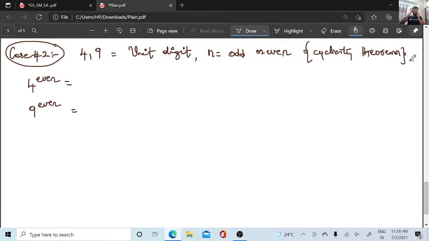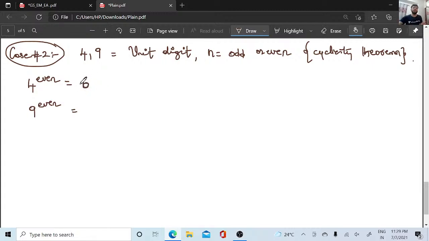So 4 power even: 4 square is 16. 4 power 4 is 4 into 4, 4 into 4, which is 16 into 16, so it is 256. So whenever you do 4 power even, 4 power 2, 4 power 4, 4 power 6, 4 power 8, 4 power 10, the answer is always going to have 6 as the unit digit.